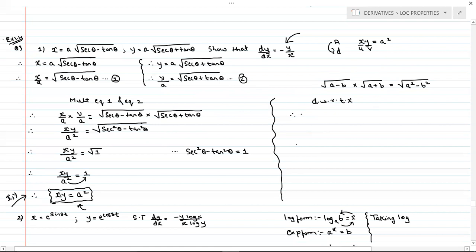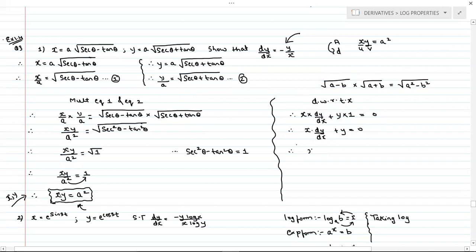So here you will get u into derivative of v, so this will be dy by dx, plus v into derivative of u, so derivative of x is what? 1, and a square is constant, so it will be 0. So therefore x into dy by dx plus y equals to 0.